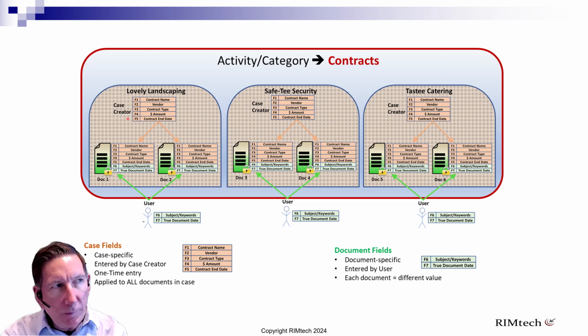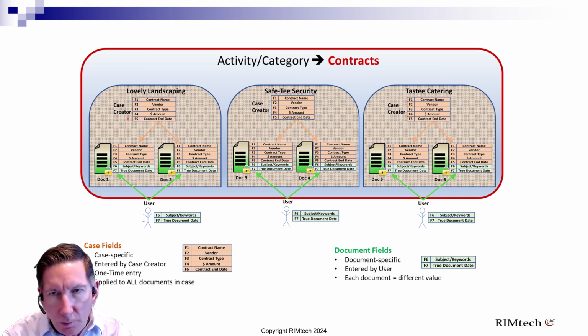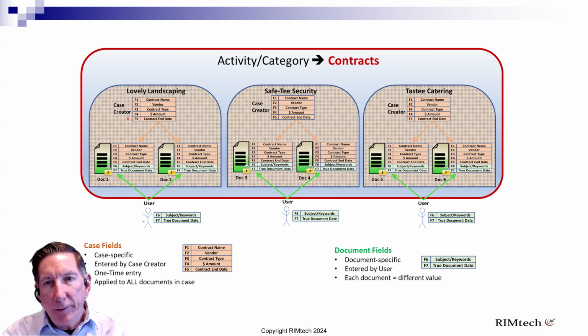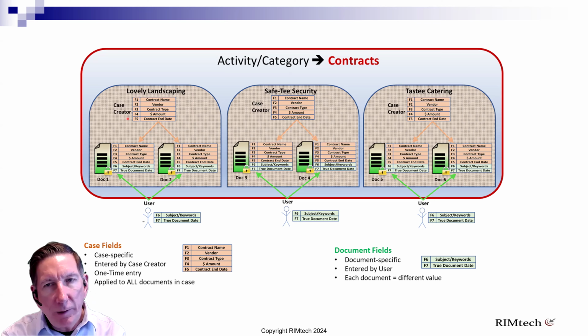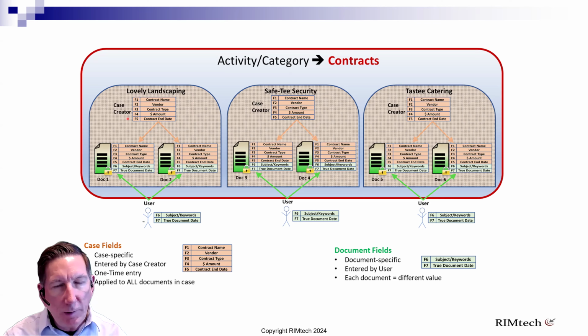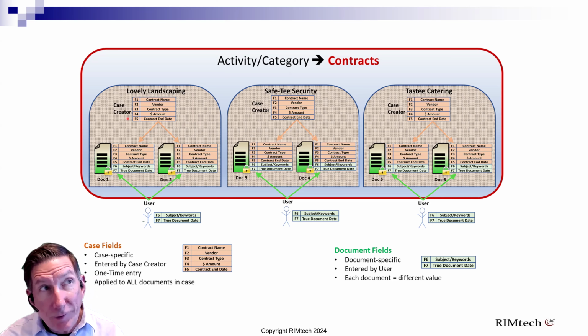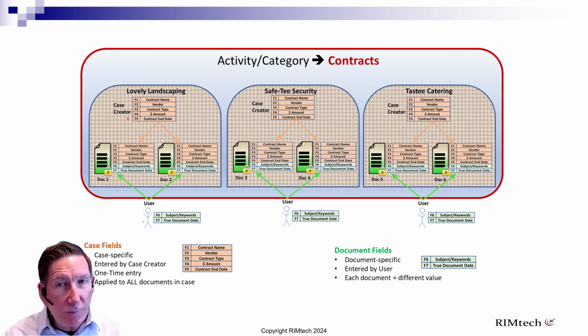They are entered by the records or records delegate designate only when the document set is created, and the values they type into those columns is replicated automatically across all documents that flow into that document set. Columns F6 and F7 are entered by the user, and the values they type into those 2 fields are unique to that document. Okay, 2 different languages, exactly the same scenario.